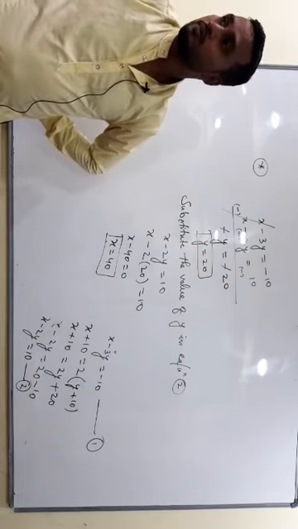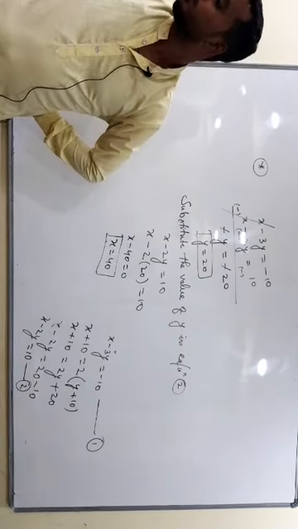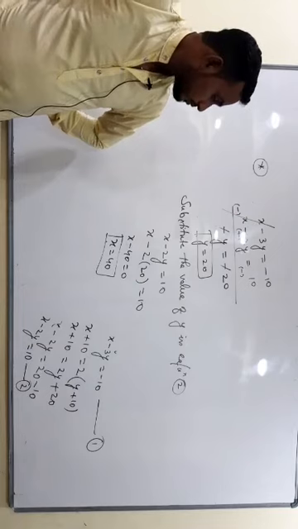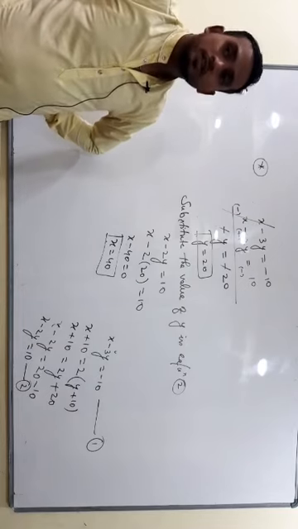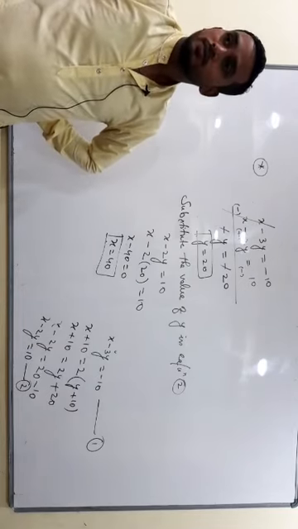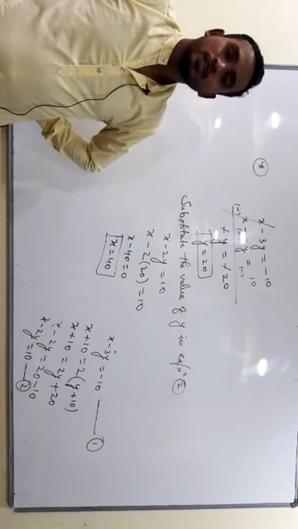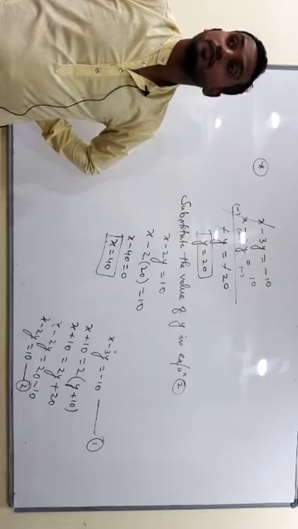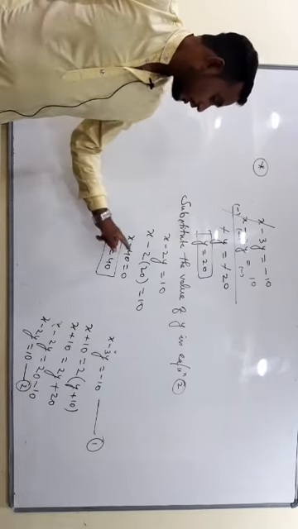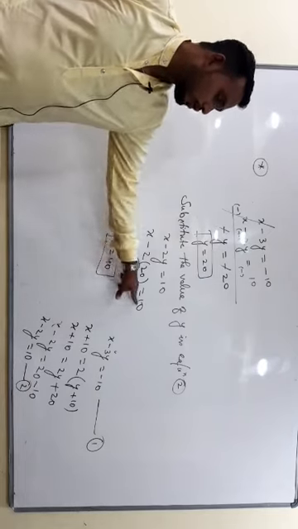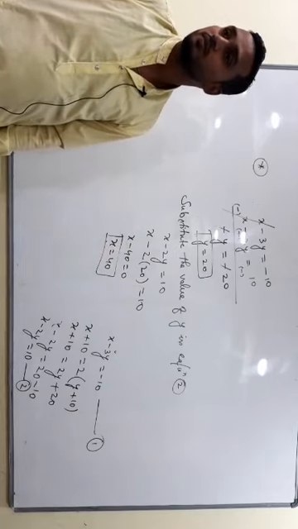Is this clear? Is it correct? Are you sure? This shows your level of concentration. See, minus 40 comes this side means plus 40. What about this 10? Where does it go?